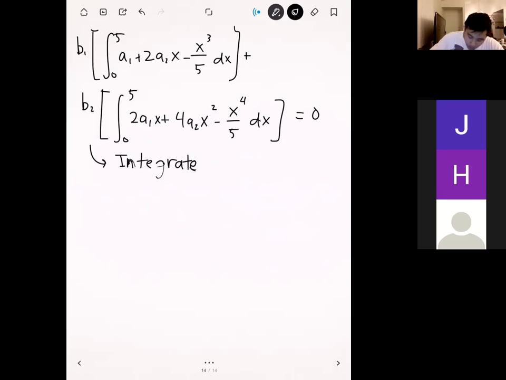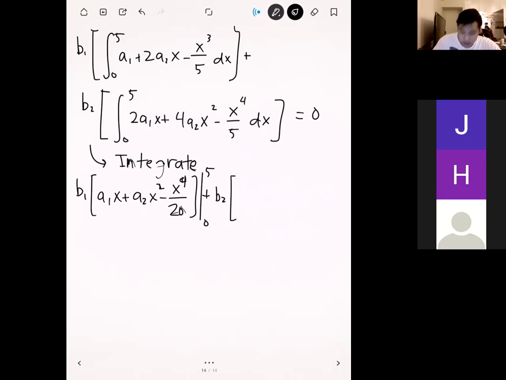And so we get B1 times A1x plus A2x squared minus x to the 4th over 20, plus B2 times A1x squared plus 4 over 3 A2x cubed minus x to the 5th over 25.